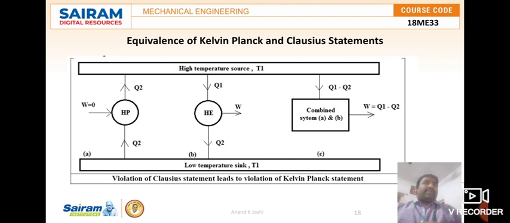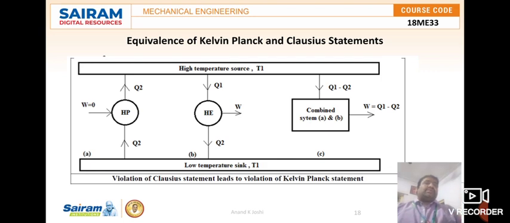In this case, the heat pump and heat engine are combined to form a combined system. This system constitutes a device that receives Q1 minus Q2 amount of heat from the higher temperature source and does an equivalent amount of work, that is W equals Q1 minus Q2.